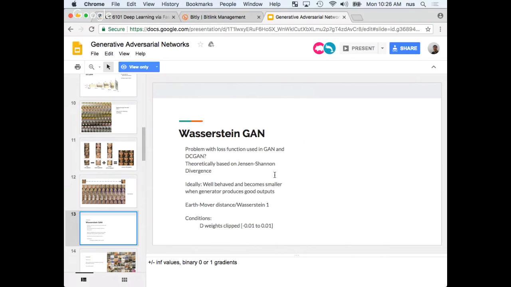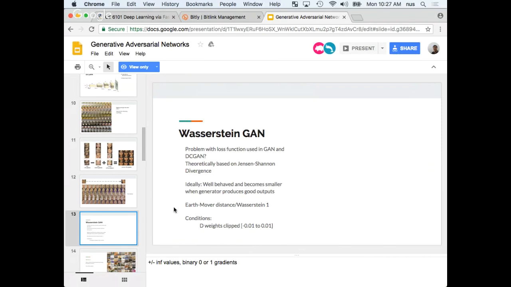So what they identified was, instead of using this divergence, they would try to move towards this Earth mover distance or Wasserstein 1 measure. Wasserstein. Okay, sorry, Wasserstein measure. It's a German word.